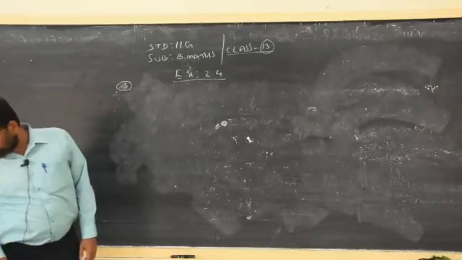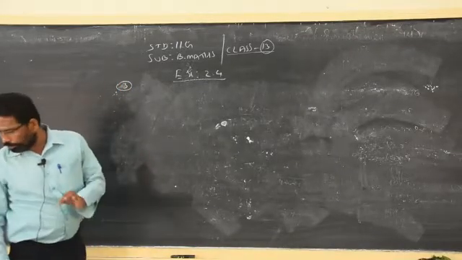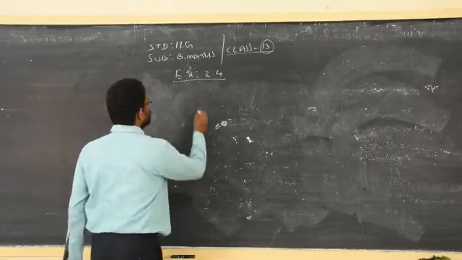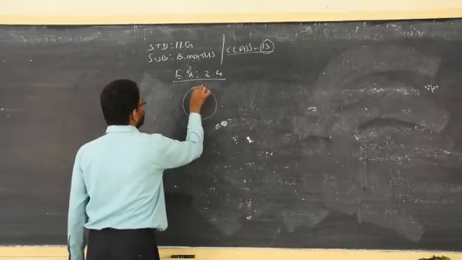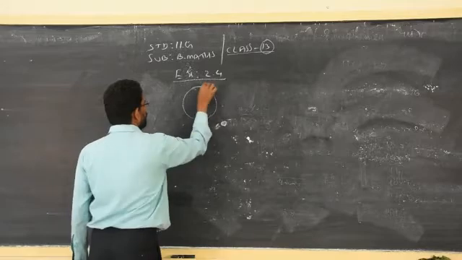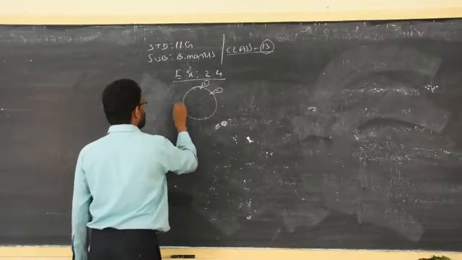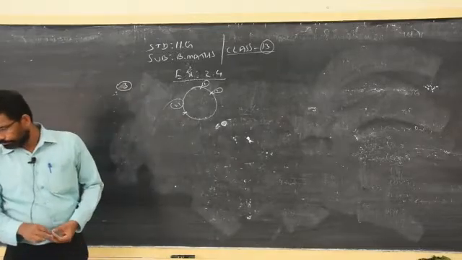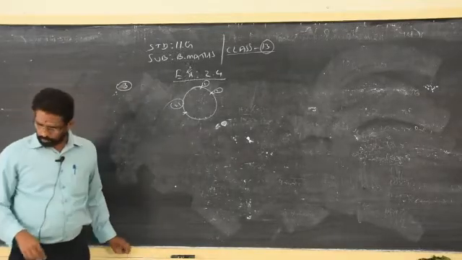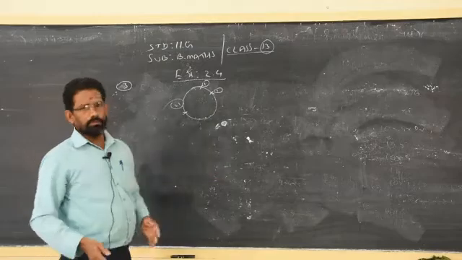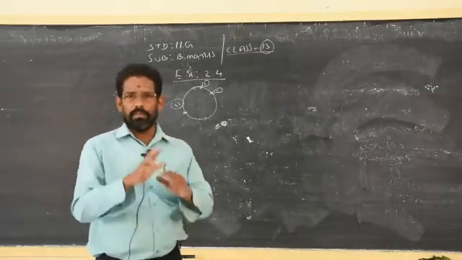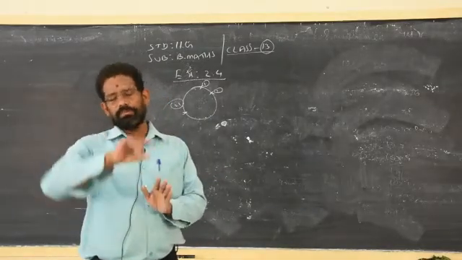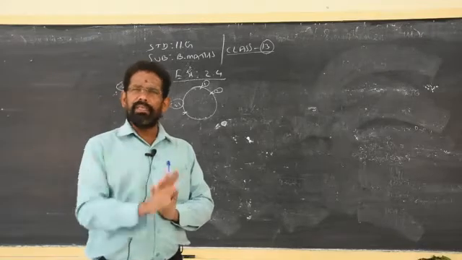How many chords can be drawn through 21 points on a circle? A circle, so many points, I name them 1, 2, 3 and so on up to 21. Don't think that a curve has only a finite number of points. It has infinitely many points.